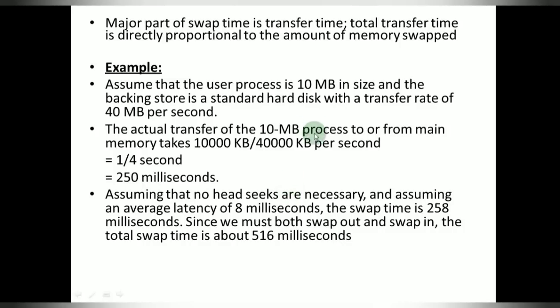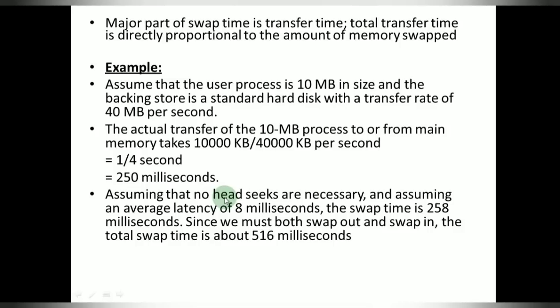Now again taking another example, if we have a user process of 10 MB and the backing store is our hard disk with a speed of 40 MBps. Now to transfer this 10 MB, I am taking 1/4 of a second, that is 250 milliseconds. Here we have assumed that there is no head seek.